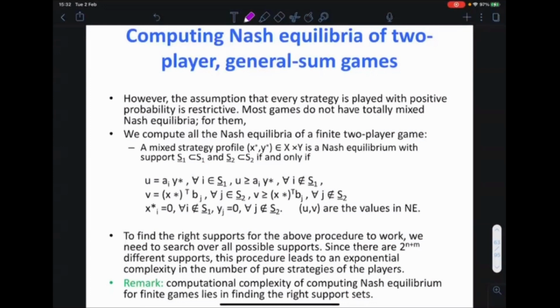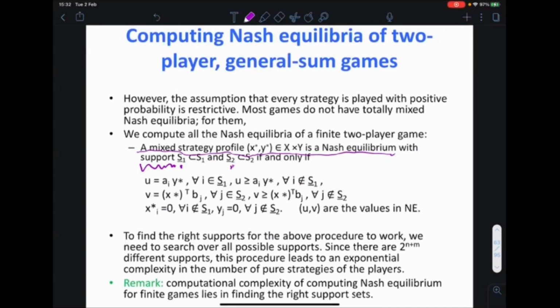Suppose you have a mixed strategy profile X star and Y star that is a Nash equilibrium, and we introduce the concept of a support. The support is a subset of the pure strategies, a subset of the actions that the player plays with probability larger than 0 in the Nash equilibrium.